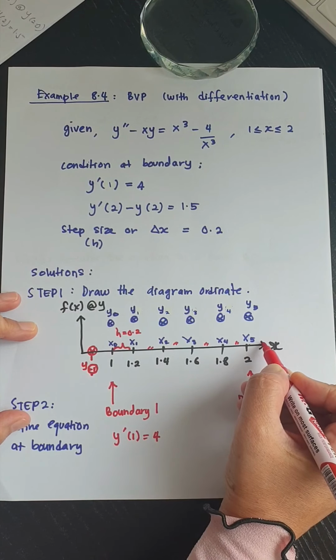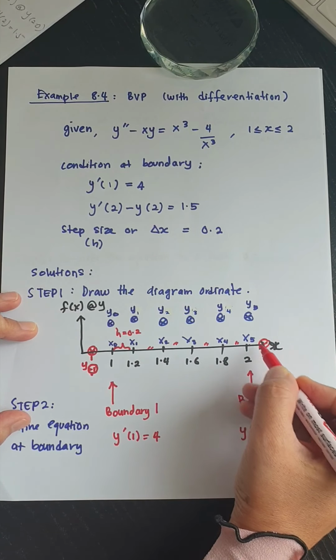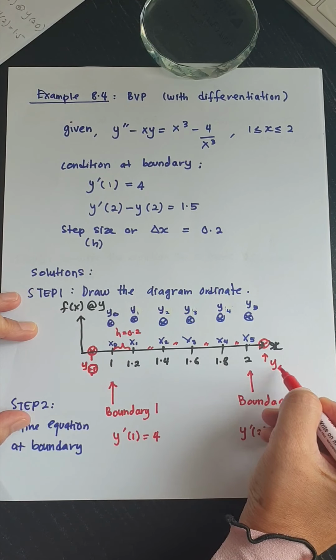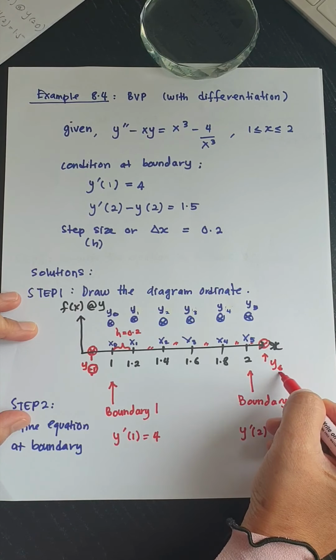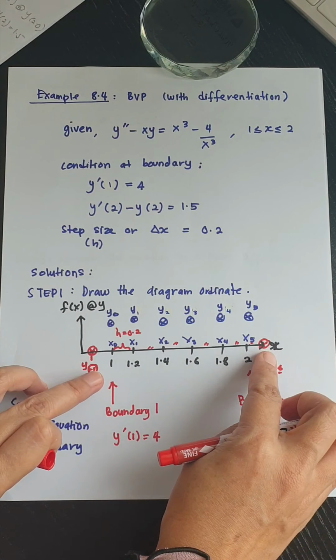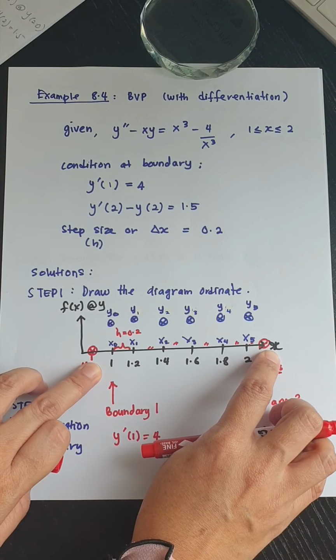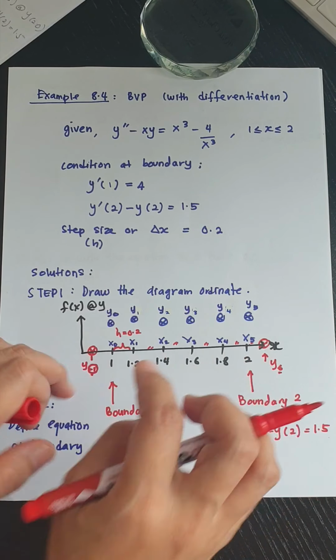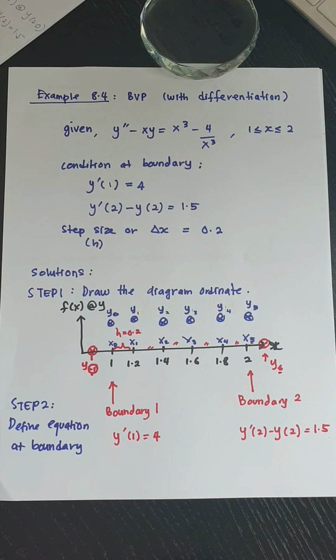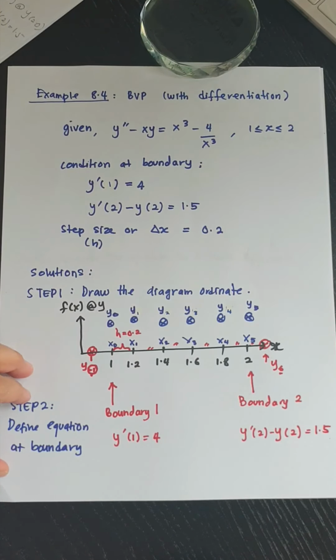And then the other one is over here, on the other end. At this point, the value will be y6. This is y5, and you extend the data into y6. These two values you will use as boundary conditions for the equation later on. So this is the extended data that you have to create using the derivative formula.